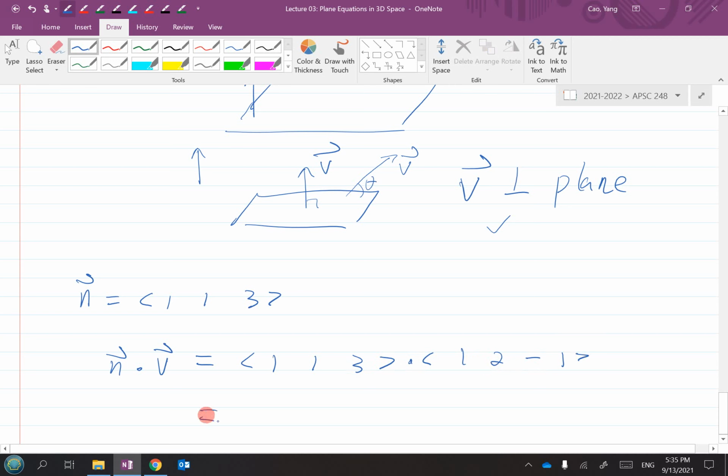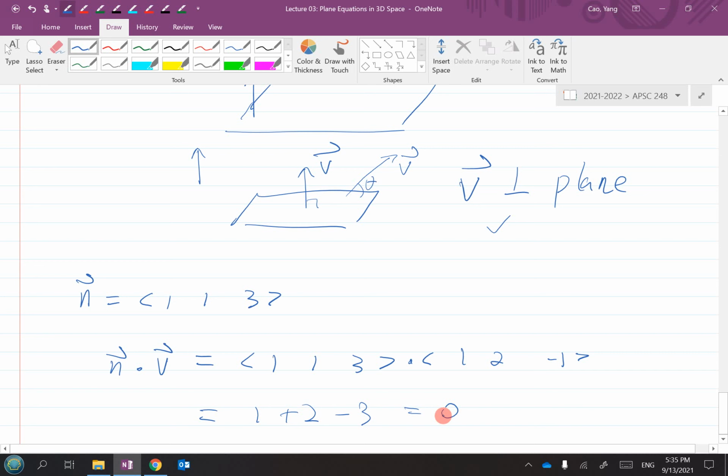So you calculate the dot product. 1 times 1 is 1. 1 times 2 is 2. And then 3 times negative 1 is negative 3. The whole thing is 0. That's nice. I got a dot product equal to 0.